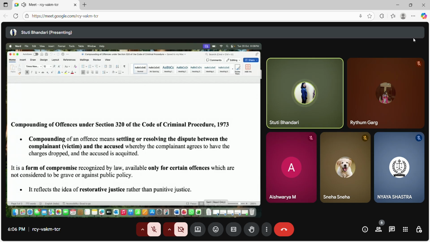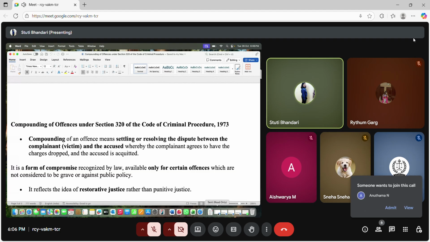Instead we have compounding of offences. So what do you understand by compoundable offences? Compoundable offences are basically those offences which can be compounded or adjusted by the parties, or the parties can resolve those offences outside the court. So basically compounding is that.